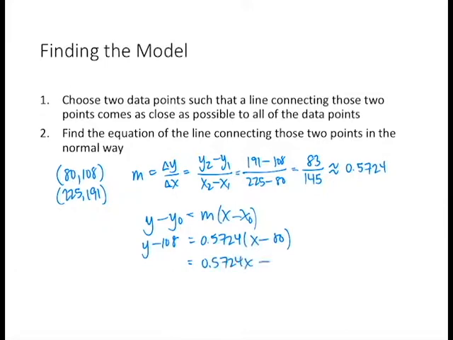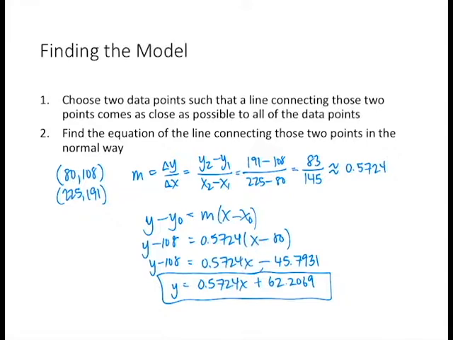When I multiply 83 over 145 by 80 and put that in my calculator, I get 45.7931. Add 108 to both sides, I get 0.5724x plus 62.2069. So that is my model for my line.